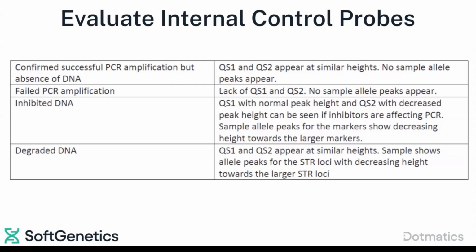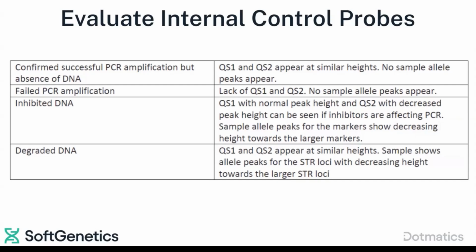And so this is a table that we would see the analyst using with these internal control probes. If PCR is successful but there's an absence of DNA, both of the internal control probes will be a similar height, but there won't be any sample peaks, no allele peaks from your sample.